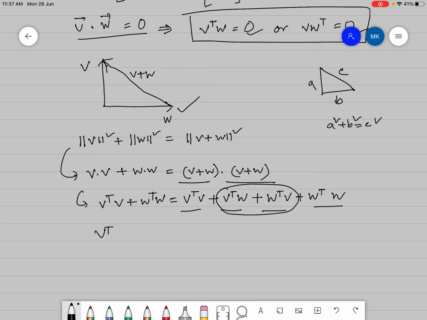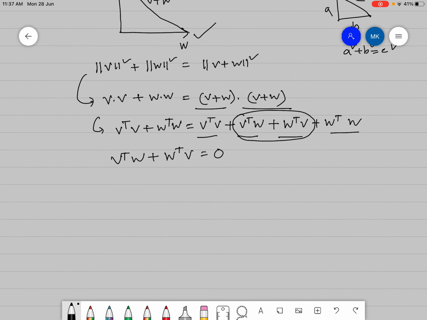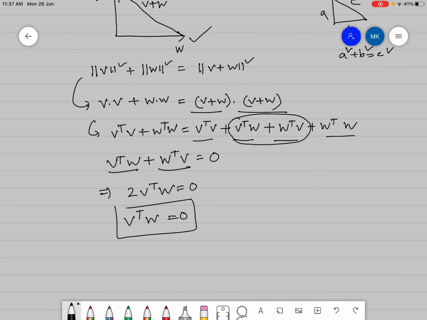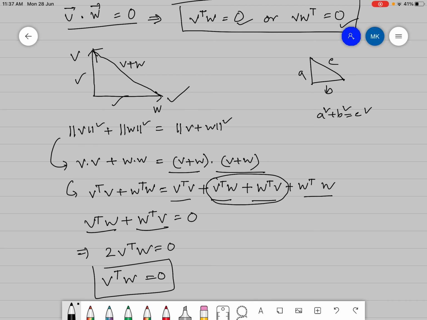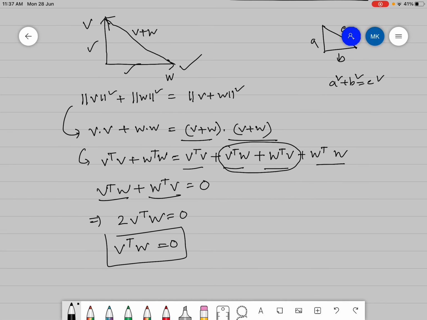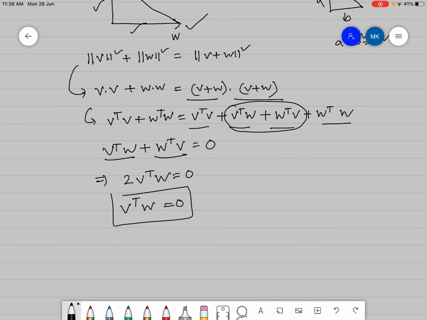So v transpose w plus w transpose v equals 0. As I said, the order doesn't matter here, so these two are basically the same. So v transpose w equals 0. You have got the proof that if two vectors are orthogonal, then the dot product of these two vectors, v dot w, equals 0.